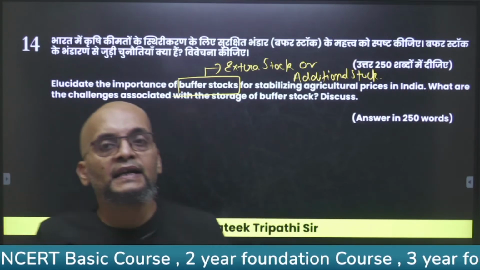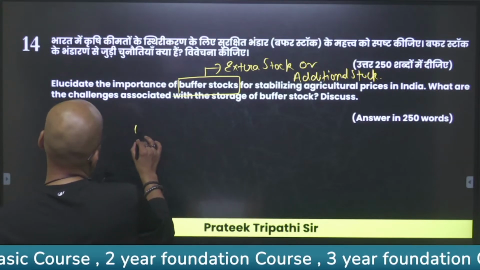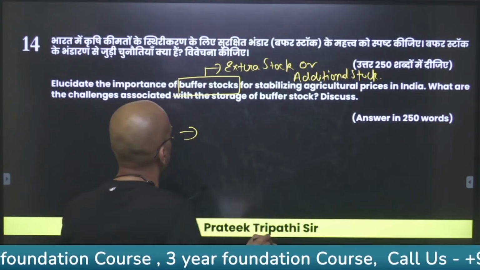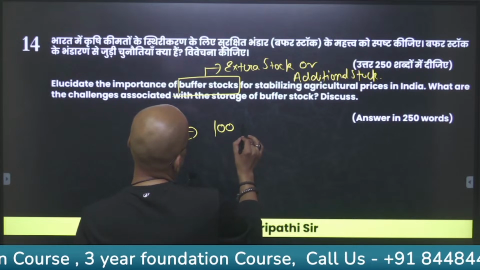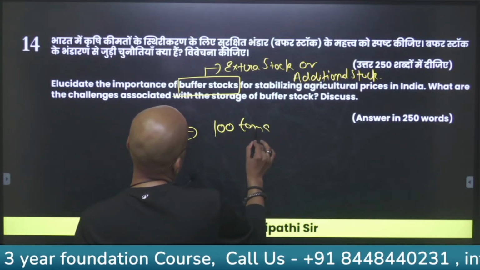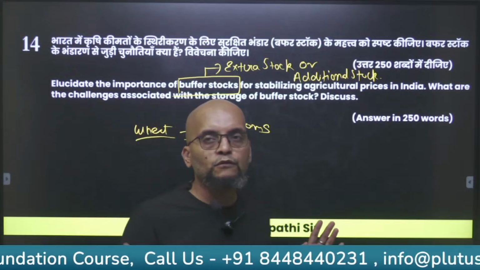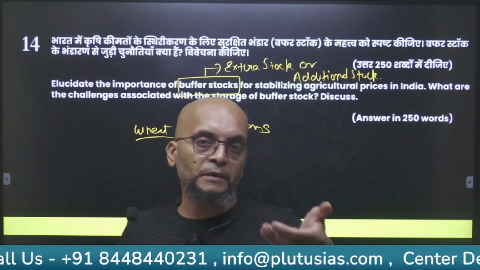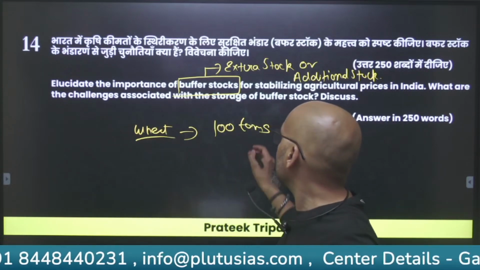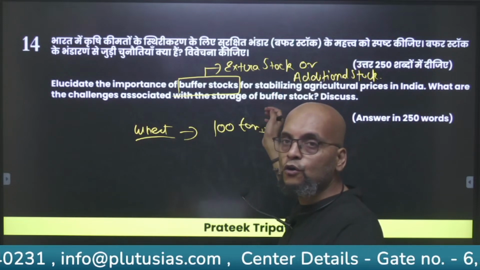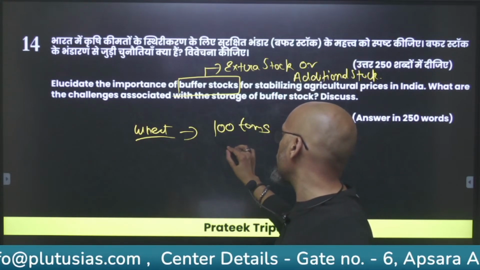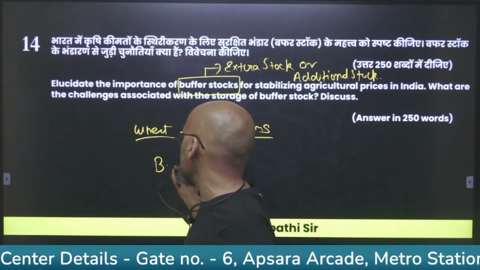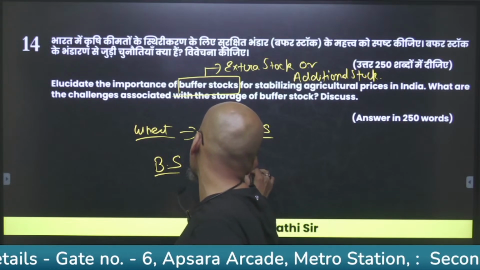It is going to purchase or procure the crops from the farmer, and as I already told you, it is procuring them to provide to the poor. So let's say initially, just as an example, the government was procuring 100 tons of wheat. That was the procurement requirement of wheat for the poor. Now if I talk about buffer stock or additional stock, the government will procure 100 tons of wheat and also keep a buffer stock of wheat, let's say 20 tons.